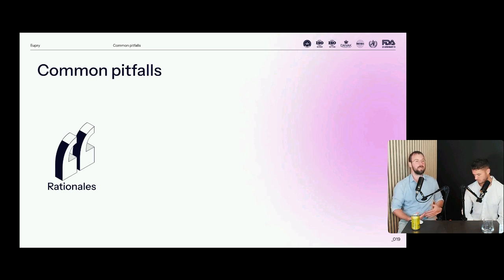Those are the risk assessments, or sometimes we call them rationales. Why did you choose X, Y, Z, and what was the risk assessment behind it? In order to satisfy auditors, it needs to be well described and well thought out.